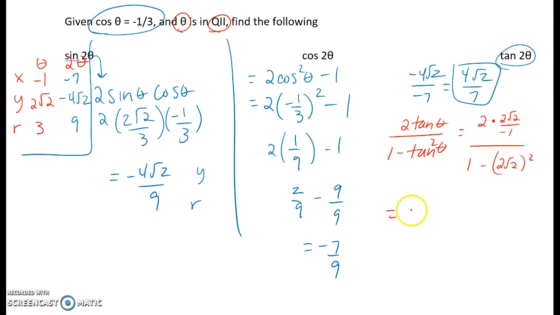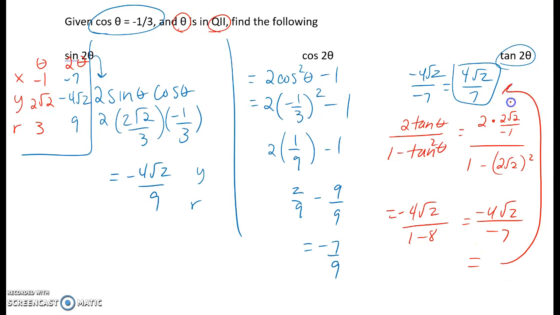My numerator is just going to be 4 root 2, and my denominator is going to be 1 minus 8, oh, sorry, that was negative. So -4 root 2 over -7, or +4 root 2 over 7, just like we got up here.